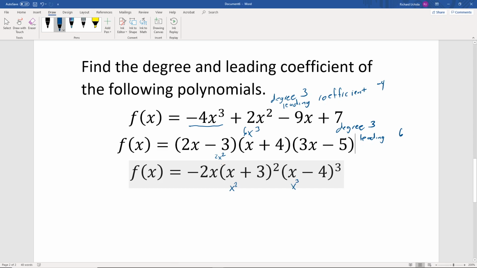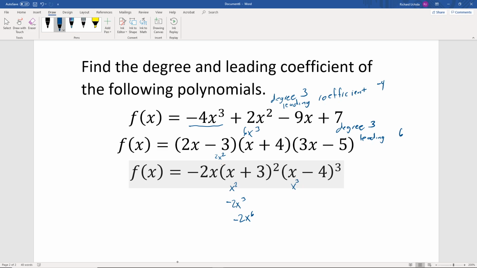When we multiply this all out, the negative 2x times the x squared term would be negative 2x cubed. And then we'd multiply that times that x cubed, so we'd have negative 2x to the 6th.